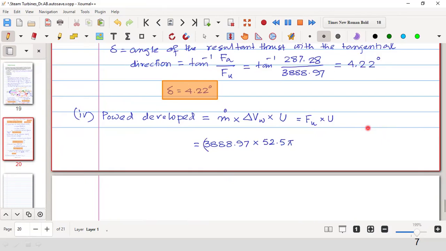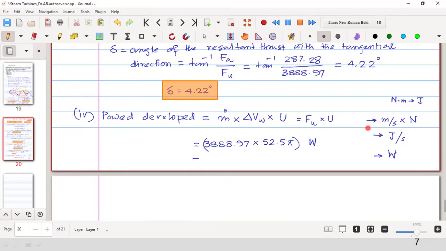So what should be the unit of power developed? Watt, exactly. The unit is meter per second multiplied by newtons. Newton meter per second means joule per second, basically watt. Newton meter means basically joule, so joule per second means watt.